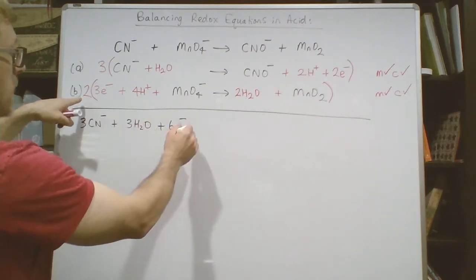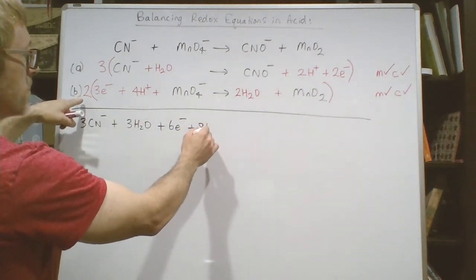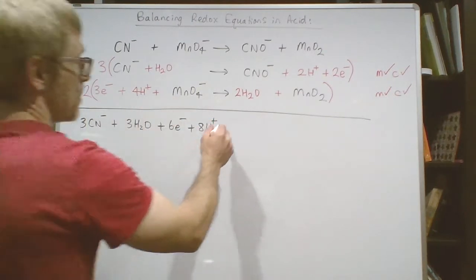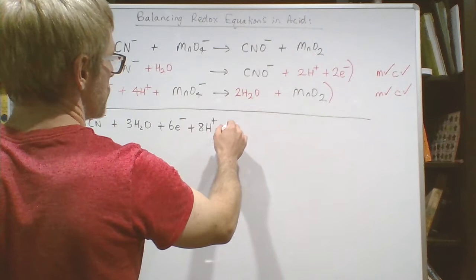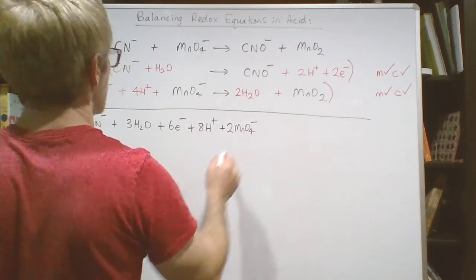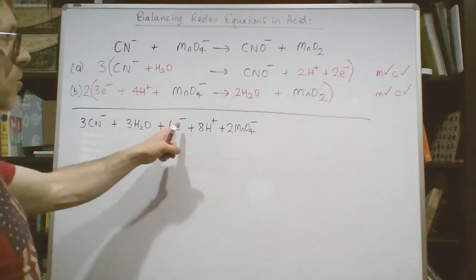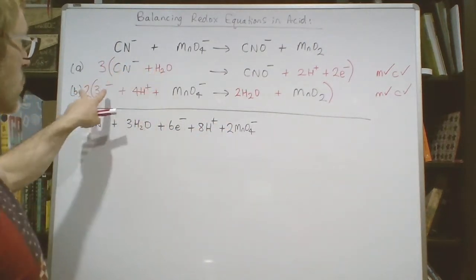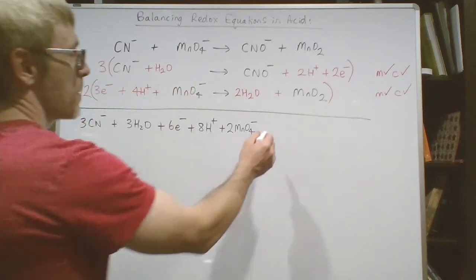And I've got 8 protons. And I've got 2 permanganates. So I've got 1, 2, 3, 4, 5 reactants because I had 1, 2, 3, 4, 5 reactants.